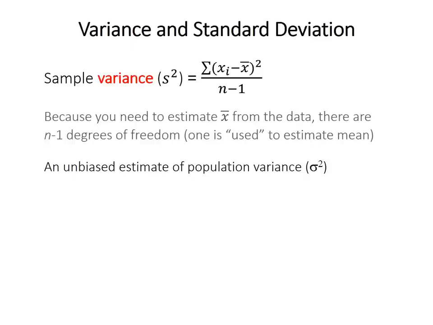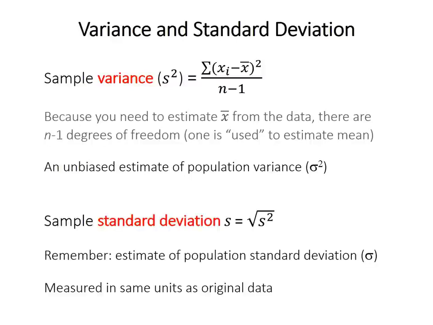And so for that reason, if we want to describe the dispersion when we're writing a sentence or in a table in a paper, it's more common to report the standard deviation, S. The sample standard deviation is S, which is just the square root of the sample variance. And this has the same units as the original data. If our data are sizes, our standard deviation will be in millimeters, or whatever unit we measured.